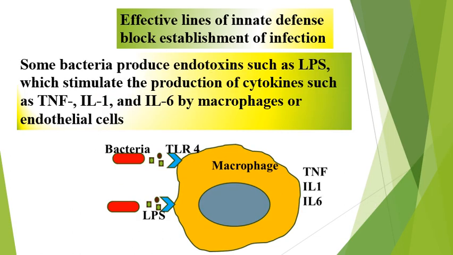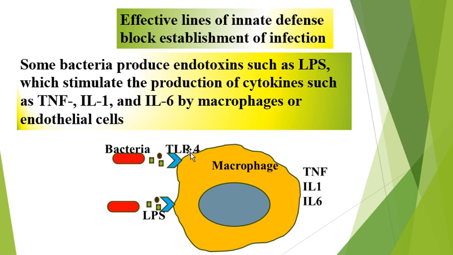One of the most effective lines of innate defense is toll-like receptors on the surface of phagocytic cells, such as the surface of macrophages and the surface of dendritic cells.